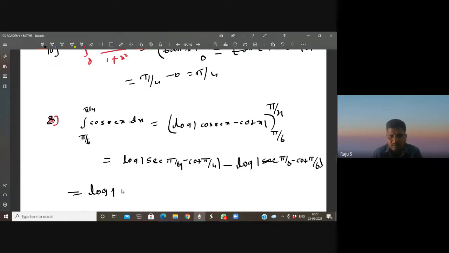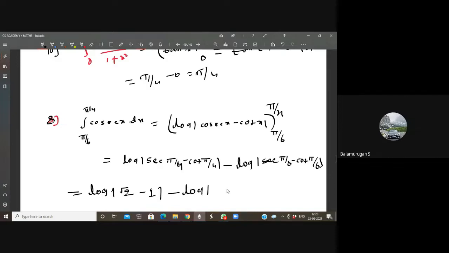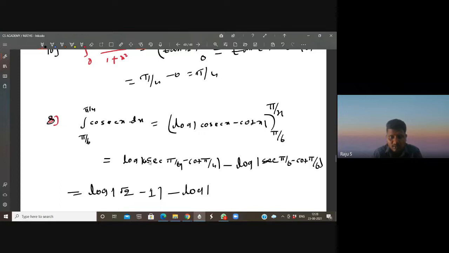What is cosecant 45? Root 2, minus cot 45, 1. Sorry, it is cosecant. Even secant also has the same value, but write it as cosecant. Here pi by 6. What is cosecant 30?